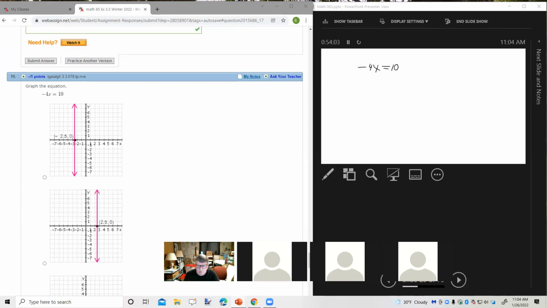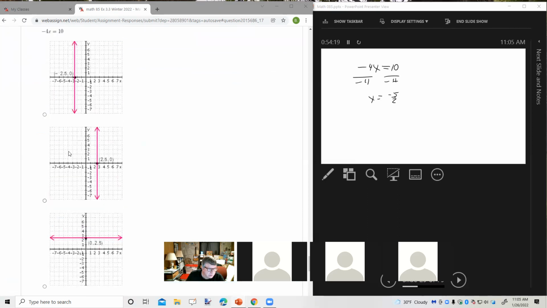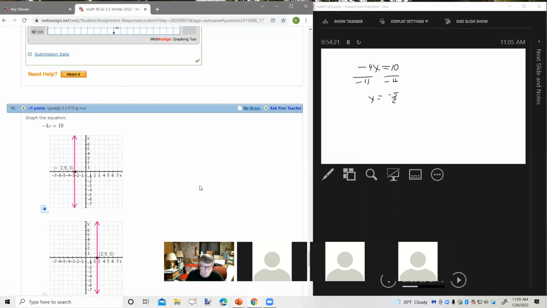But it does just have one variable. So what if we solve for that one variable? We get x equals -5/2. So that would be a vertical line passing through -2.5, which is this one right here.